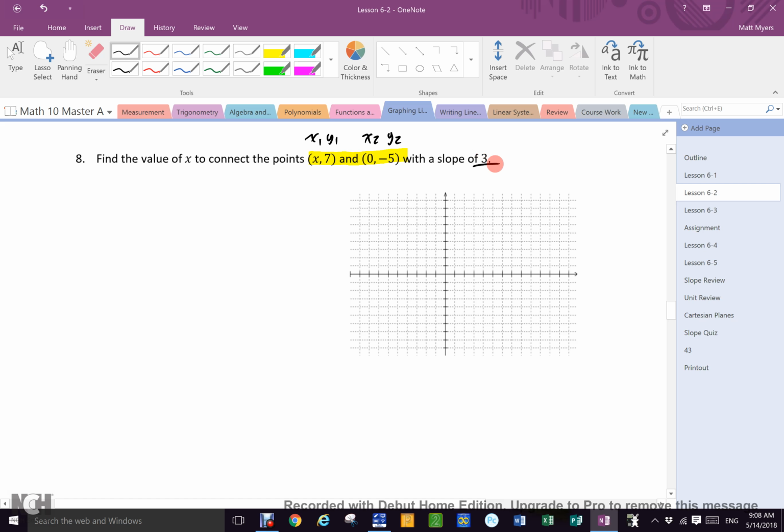I should make it a fraction, 3 over 1. Now I've got a rise and a run. And I know that slope m equals y2 minus y1 over x2 minus x1. And now I just fill it in. What goes in for m? Don't say it out loud, just do it.